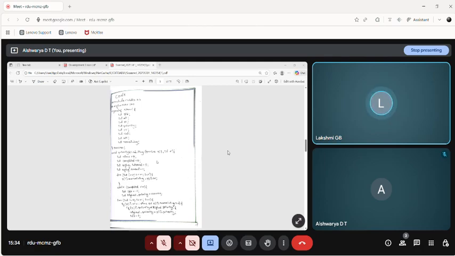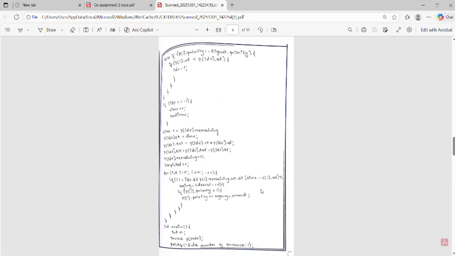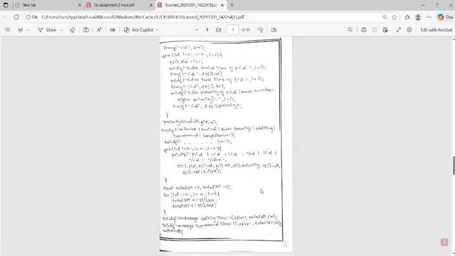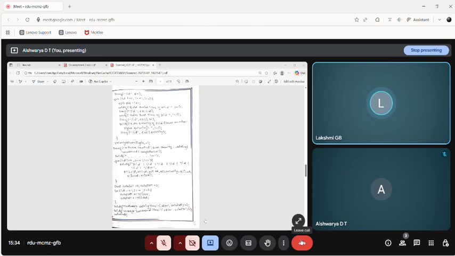The main scheduling logic is inside the priority scheduling function. Inside this function, time starts from zero and increases until all processes are completed. During each cycle, the scheduler selects the lowest priority number among the processes that have already arrived.